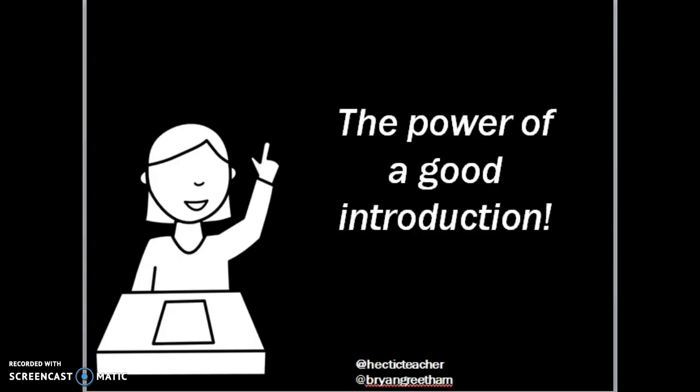So the power of a good introduction. A good introduction is really important, and a lot of students do struggle with writing an introduction, mainly because they don't really know what they should be putting into it, and because they also miss out the first phase, which is what I've just talked about, planning the answer, getting your ideas down in your spider diagram onto the question paper before trying to answer it.